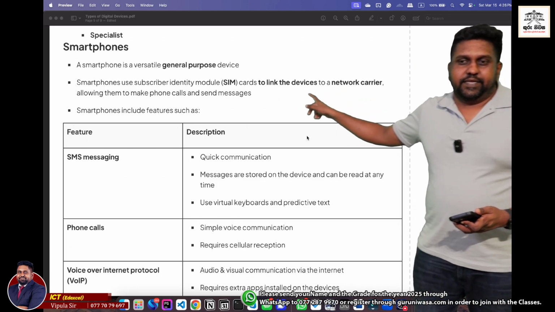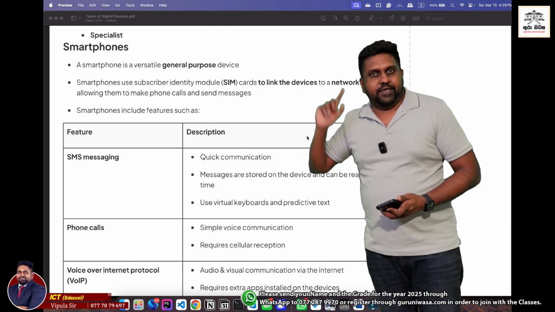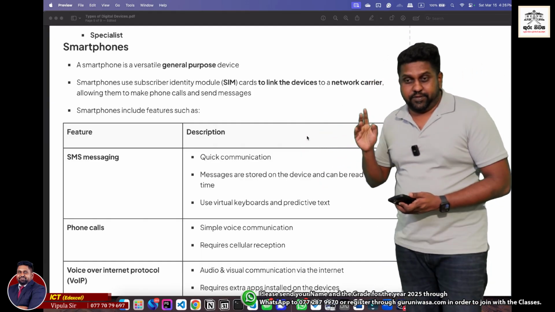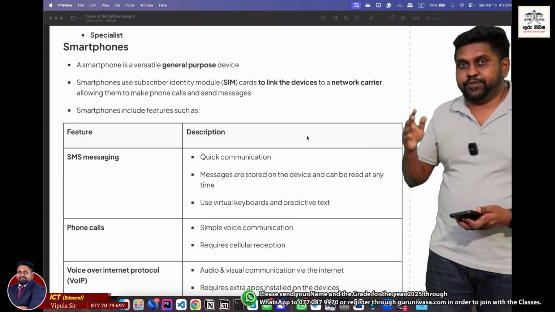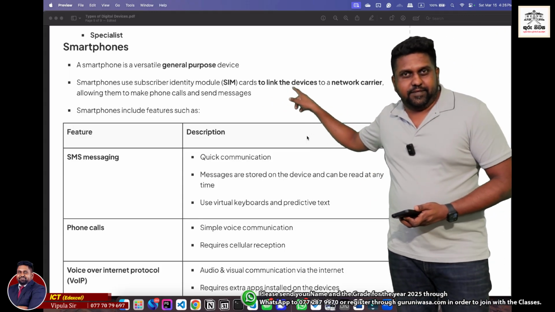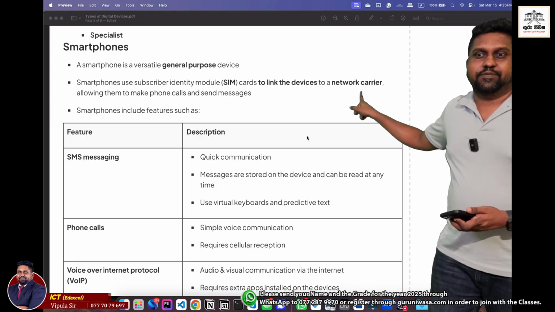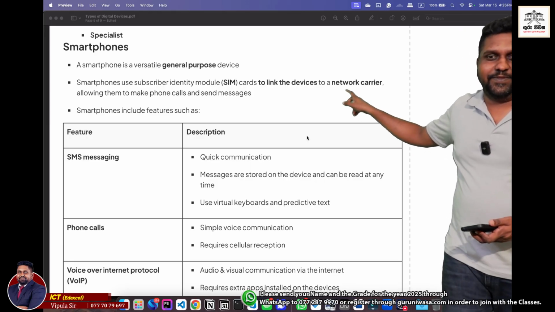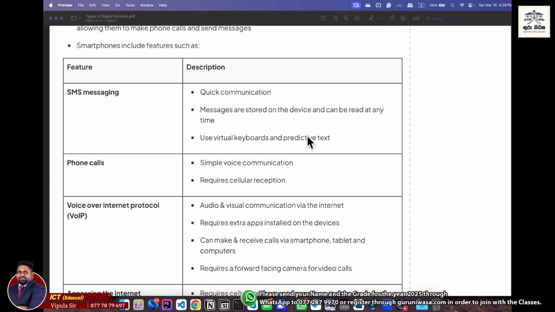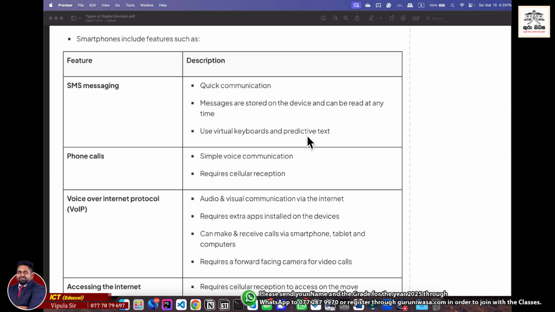Remember the keyword, subscriber identity module, or we call it the SIM card, which will link the device to the network carrier. Okay, so then let's talk about a few features of the smartphone.